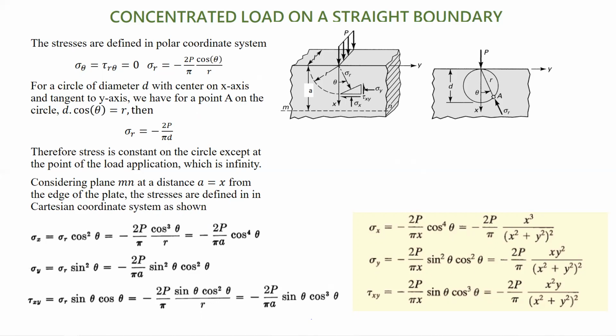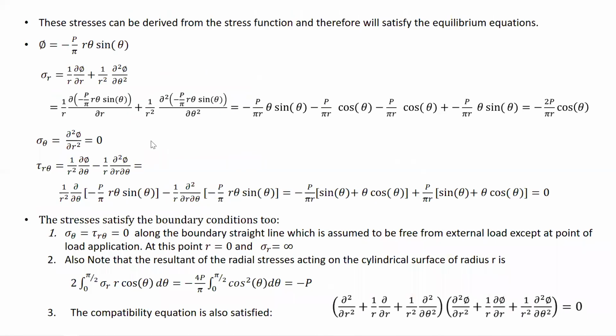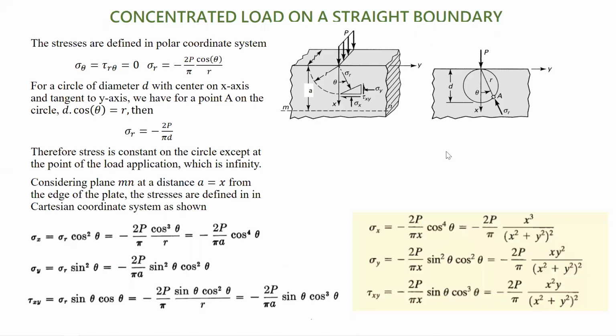And remember in the beginning, I said, consider a cylinder of radius or diameter d there. If you consider that stress distribution as we indicated here, sigma r given by that equation, and calculate the stresses on this circle of diameter d, you would see that the stress would remain constant.